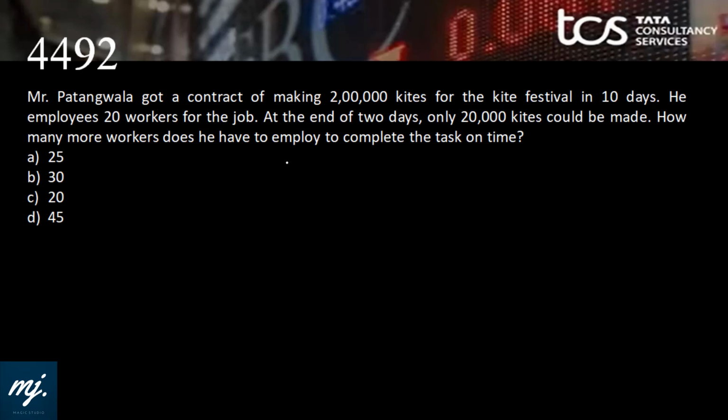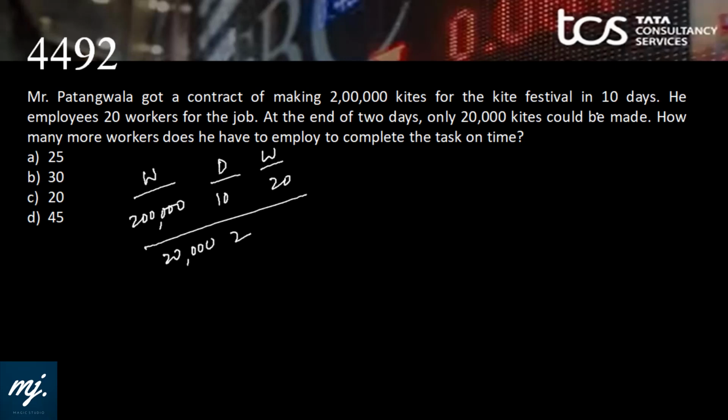So now we have Patangwala. Mr. Patangwala got a contract of making 2 lakh kites, work to be done is 2 lakh, for a kite festival in 10 days. He employs 20 workers. At the end of 2 days, only 20,000 kites could be made by the 20 workers.